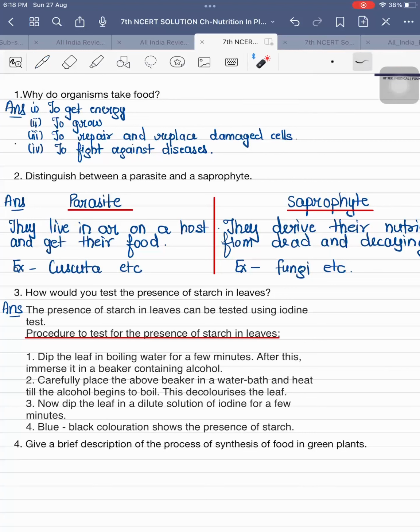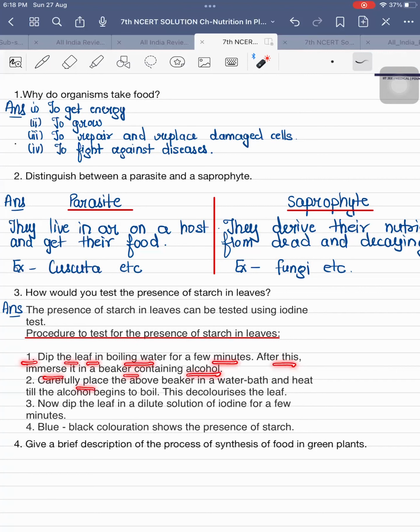Third question, how would you test the presence of starch in leaves? So the presence of starch in leaves, we can test by using iodine solution. What is the procedure to test the presence of starch? Number 1, dip the leaf in boiling water for few minutes. After this, immerse it in a beaker containing alcohol.